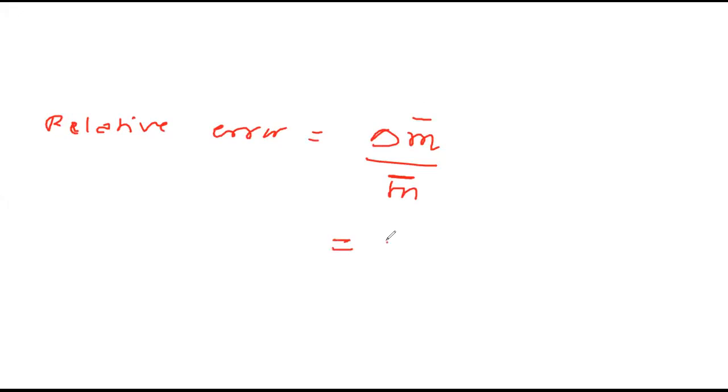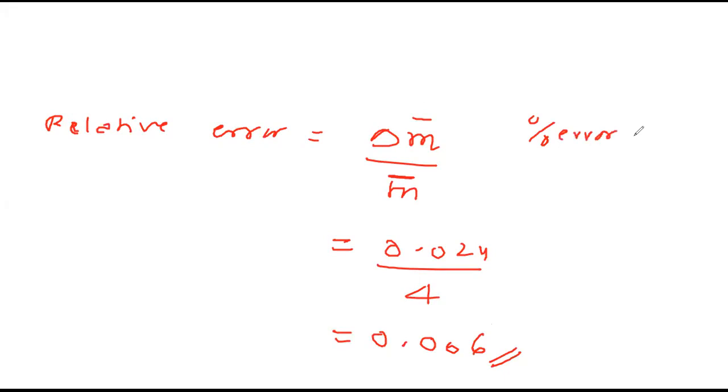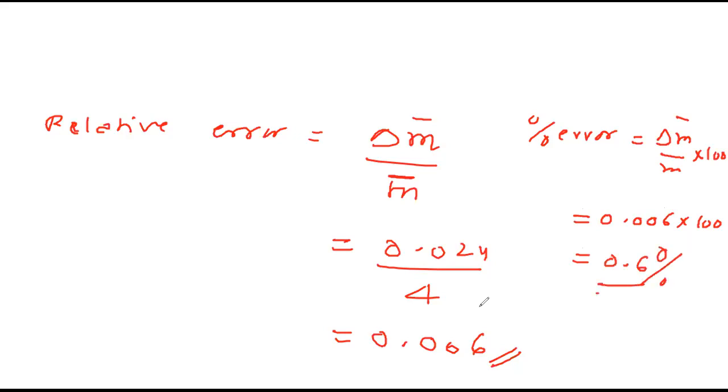So final absolute error we got 0.024, most probable value we got 4, so 0.006. Percentage error is delta M bar upon M into 100. So it is relative error 0.006 into 100, that is equal to 0.6%. So finally we got percentage error 0.6%. Complete till end.